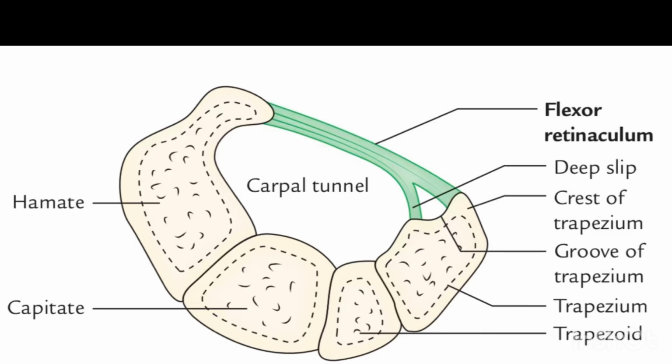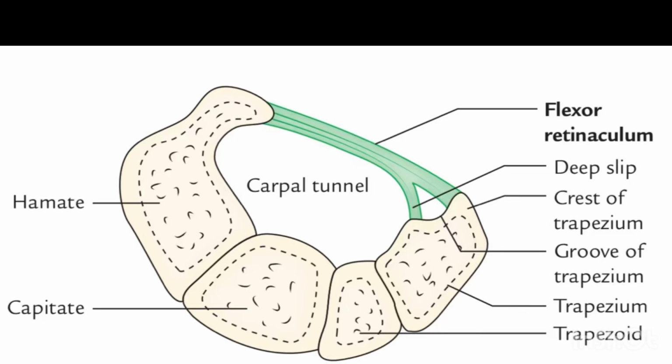But with the help of the thickness of the deep fascia, which is the flexor retinaculum, that bridges the deep carpal arc, it converts it from an arc to a tunnel. So the carpal tunnel is a deep carpal arc formed by the boundaries of the carpal bones. But when the thickening of the deep fascia crosses the arc, it converts it from an arc to a tunnel.